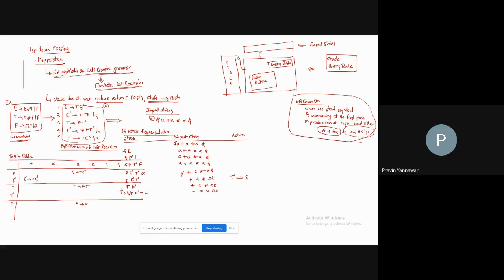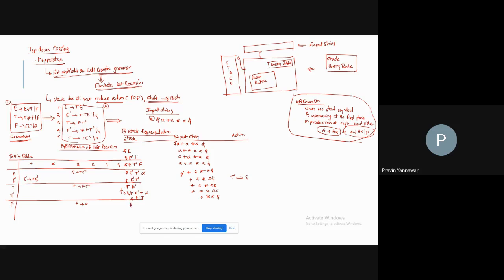This is how you have marked this particular entry here also. You got plus here, plus here. Now this is plus plus, you need to reduce it. What is left is $E'T, with A star A $.